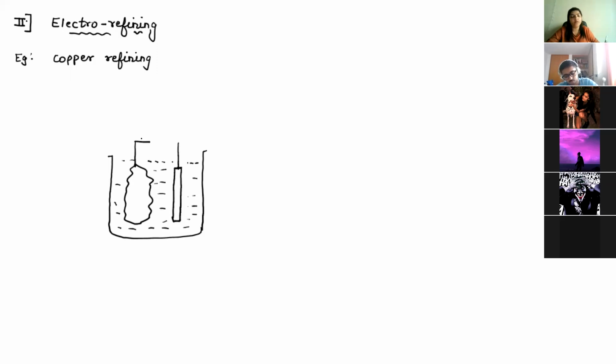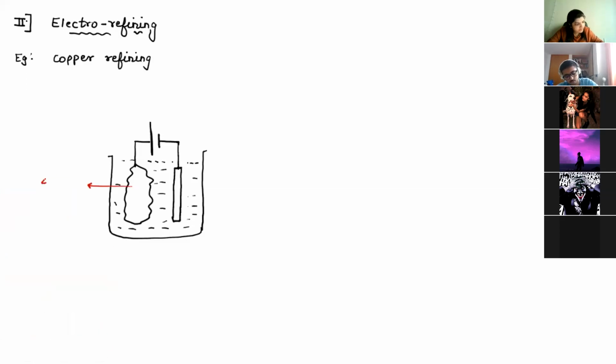The impure copper, once again, is connected because I need to plate my copper on the pure copper strip, correct? The pure copper, which is a thin sheet. I want the pure copper to go from my impure copper. So again, it's a metal. So this needs to be the anode and the impure one has to be the cathode.